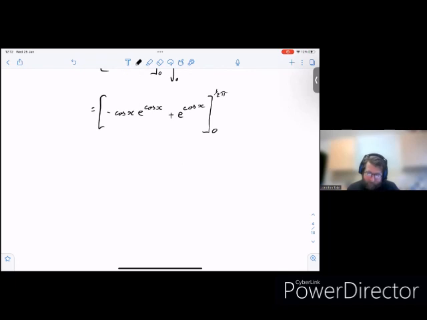So now sub in 1/2 pi, we get cos of 1/2 pi is 0, plus e to the 0, minus, subbing in 0, we get minus 1 times e to the 1, plus e to the 1. So that final answer there is 1.